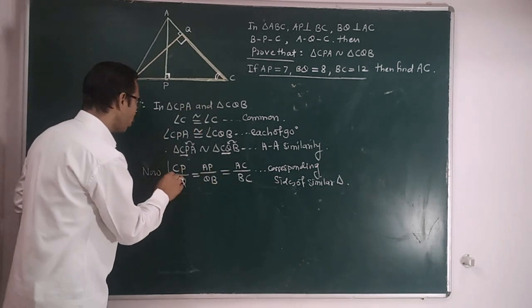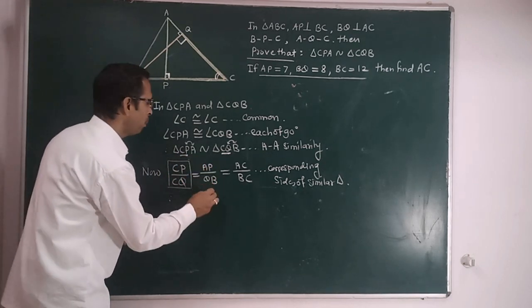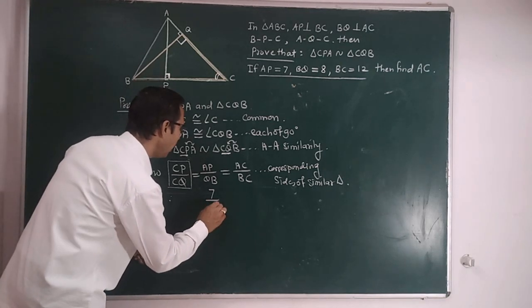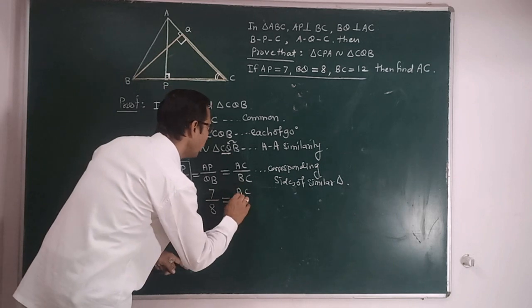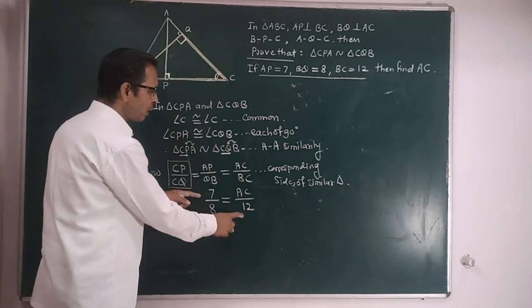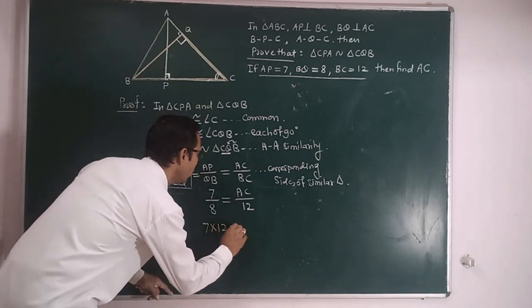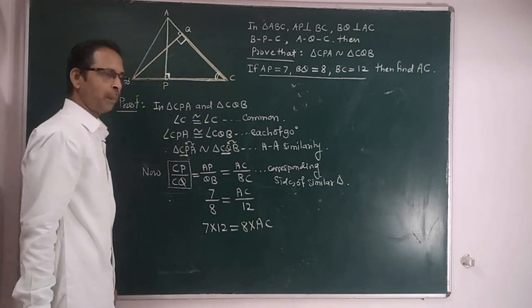Now this ratio will be omitted here. Put the values: AP is 7, BQ is 8, equal to AC, which we have to find, divided by BC, which is 12. Now cross multiplying, 7 into 12 is equal to 8 into AC.